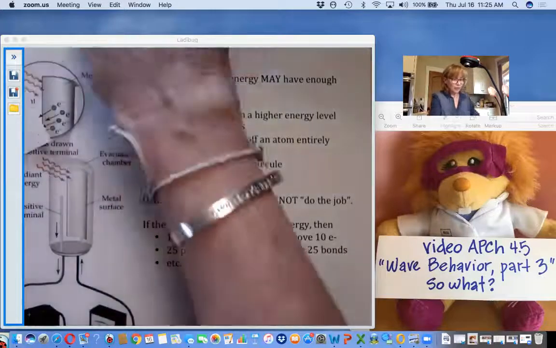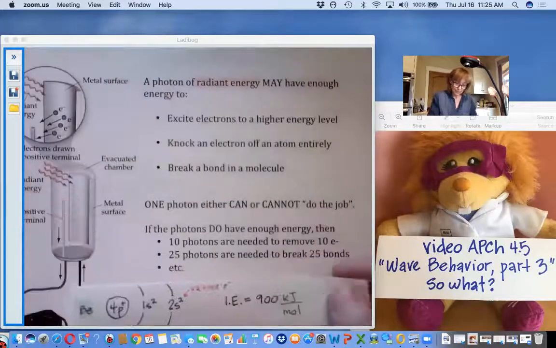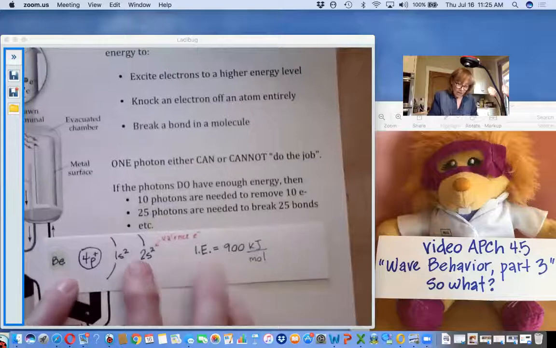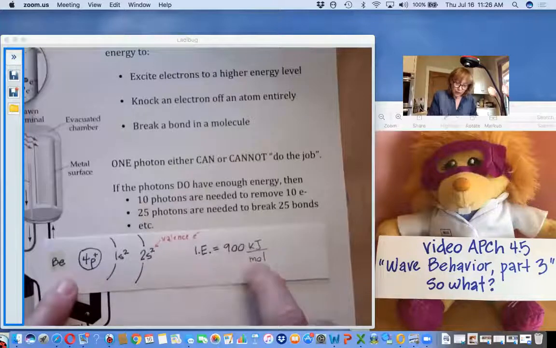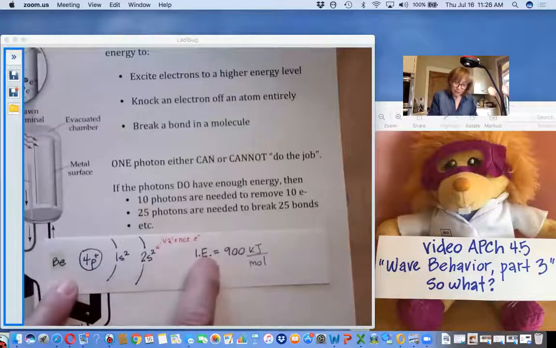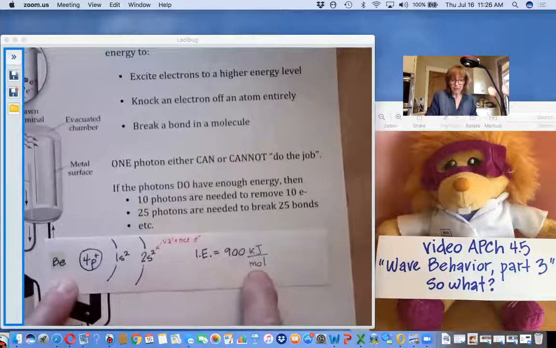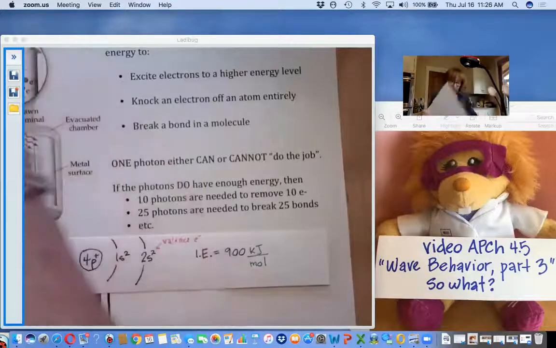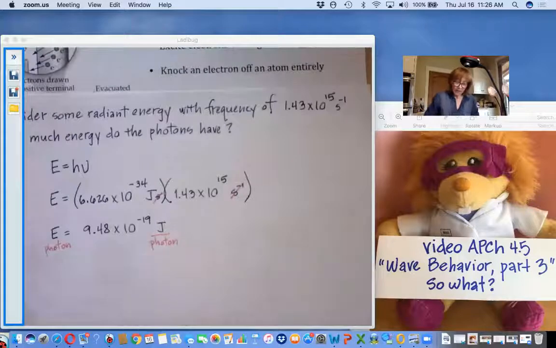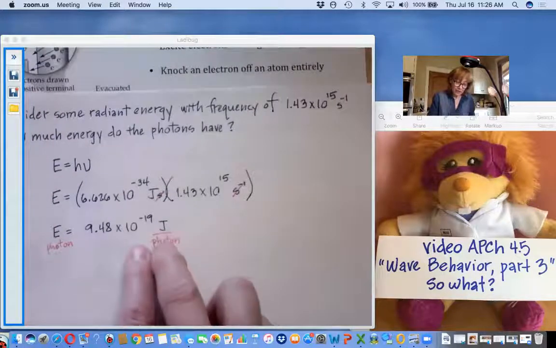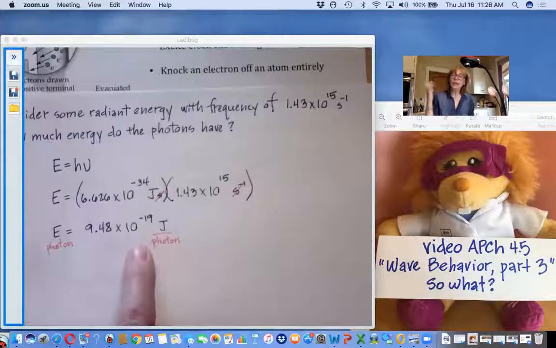Now, when we were considering beryllium, our ionization energy was given in kilojoules per mole. So this is talking about how much energy would be needed to remove electrons from a mole of beryllium atoms. Let's go back to our photons and see what the energy would be, not of one photon, but let's suppose we had a fleet of photons, a stream of them.